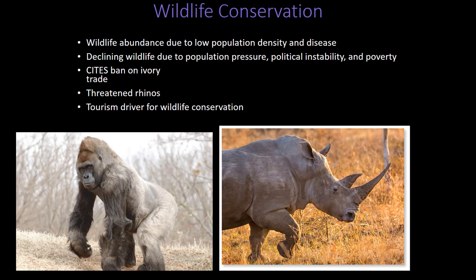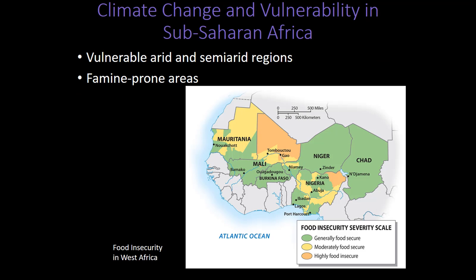I feel bad calling it game because that implies that we're killing it, but to see the wildlife. So it can be a double-edged sword. There's also a lot of parks, a lot of people who are anti-poaching, so they're even hired to protect animals as well. And again, a lot of people want to go. There's a lot of potential for wildlife tourism, which can result in conservation as well.